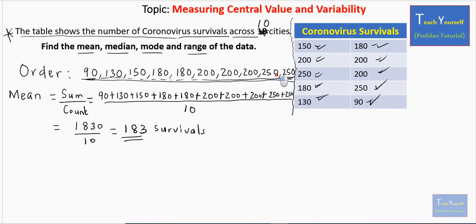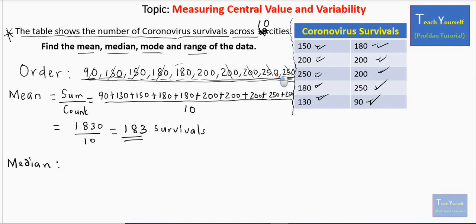Okay, so the next is the median, and to find median, remember we are looking for the middle value. Okay, so now there are 10 data values here, which means it is even. So that means you're going to have two middle values. Okay, so let's see. 1, 2, 3, 4. I have 1, 2, 3, 4.